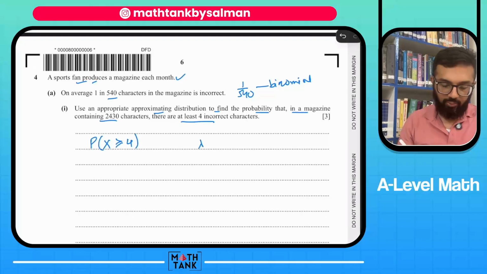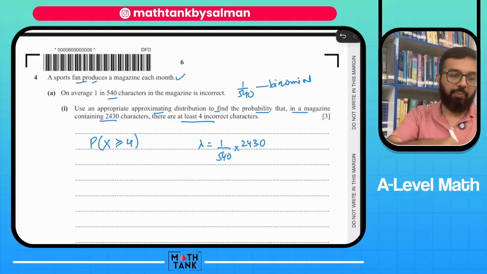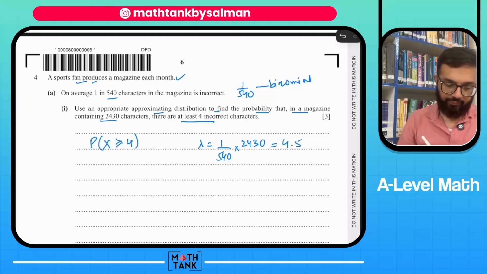What is my lambda going to be? My lambda is going to be 1 over 540 into 2430. P is small and n is large. It's not asking me to justify, so I'm not justifying it. So that gives me 4.5. So 1 minus probability of 0, 1, 2, and 3.